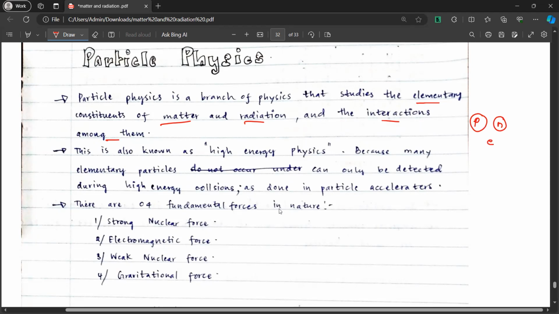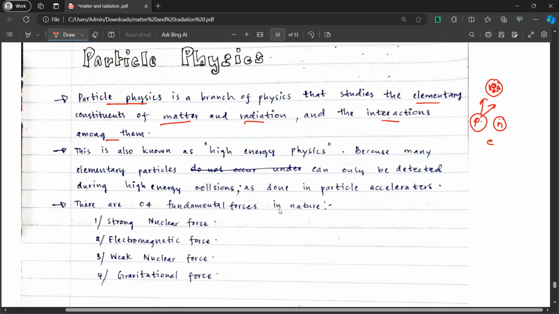But actually, this proton and neutron can be further divided into small parts called quarks. So we are going to study these small particles and the interactions among them. That is called particle physics.